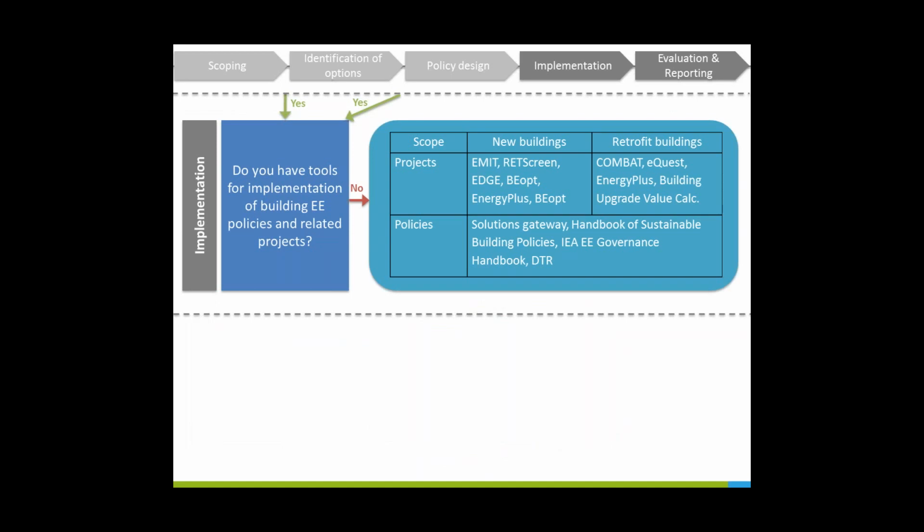Here we identified a number of sources which can be helpful, and we distinguish between tools which aim at projects, meaning at improving energy efficiency in particular buildings or portfolio of buildings, and there are tools which particularly target new buildings or existing buildings through energy efficiency retrofit.